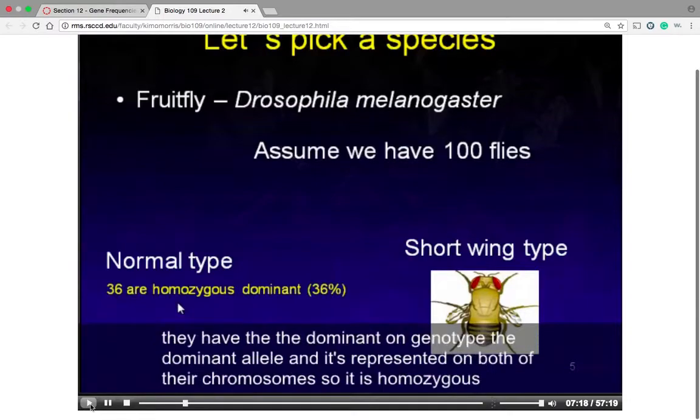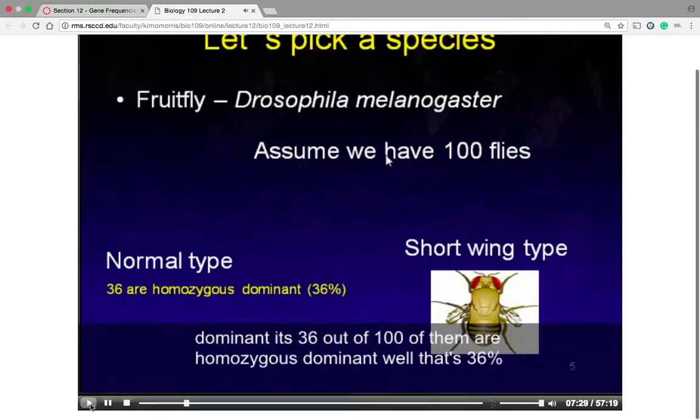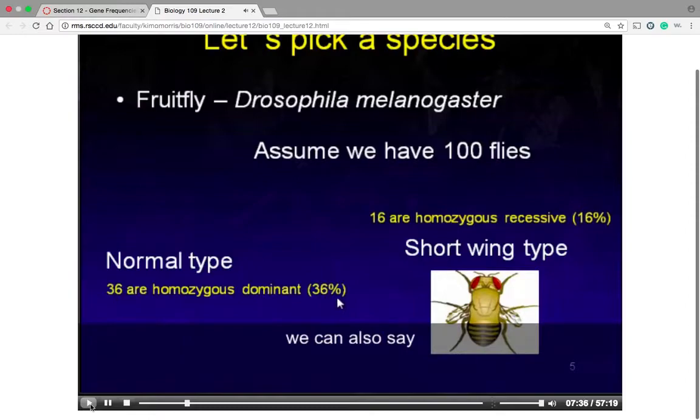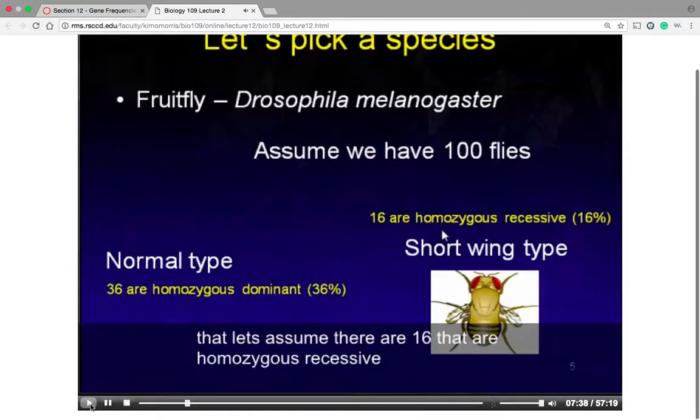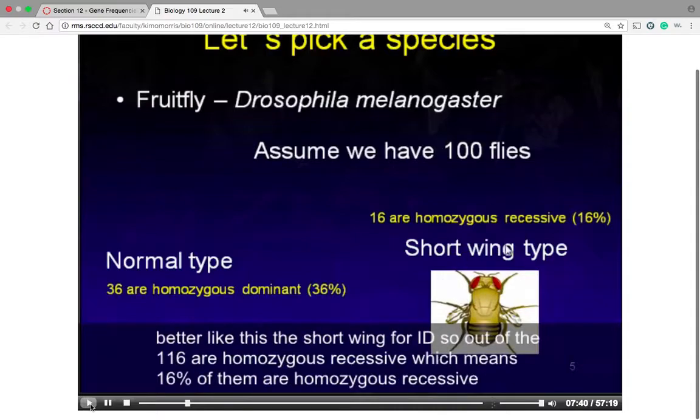That is to say, they have the dominant allele represented on both of their chromosomes. If 36 out of 100 are homozygous dominant, that's 36%. We can also assume there are 16 that are homozygous recessive, like the short wing variety. So out of the 100, 16 are homozygous recessive, which means 16%.